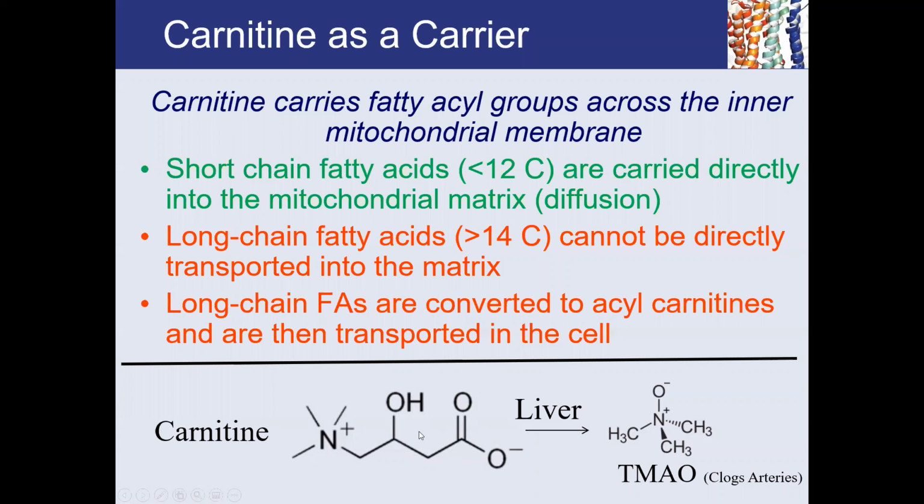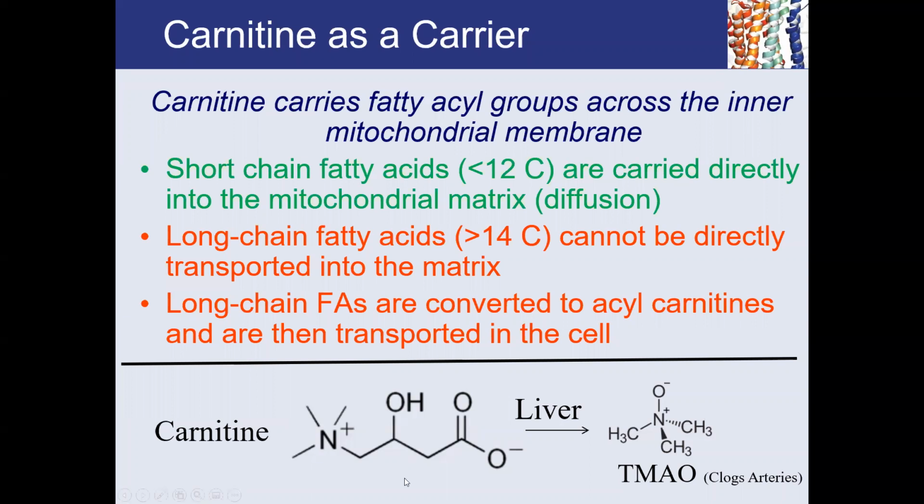But carnitine is a very interesting molecule. You need this molecule for fatty acid oxidation. So if you want to burn fat, you need carnitine. Why? Because if your fat is 14 carbon or higher in length, then you will need carnitine to bring that fat molecule into the mitochondrial matrix for beta oxidation.